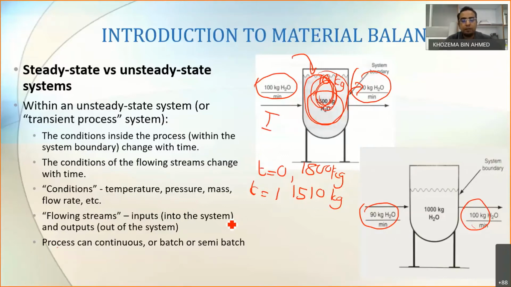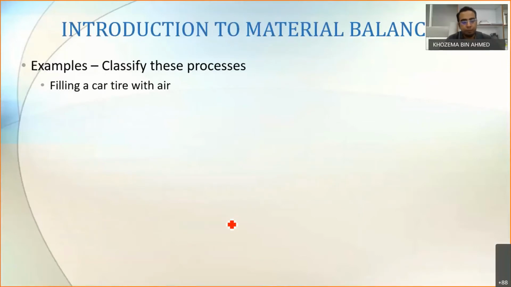These are the things you will need to use in order to solve material balance problems. Now, here is an example for you to see whether you understand whether the process is open or closed, steady state or unsteady state, continuous or batch.